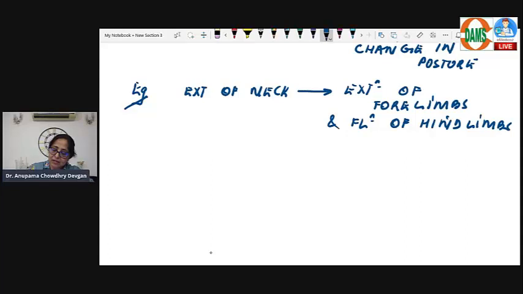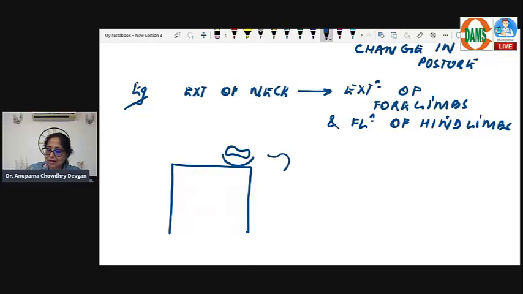A very common example: let's say this is a table, and you have a doggy, and there is a bowl on the table and there is a bone on the table. So the doggy is looking at this.